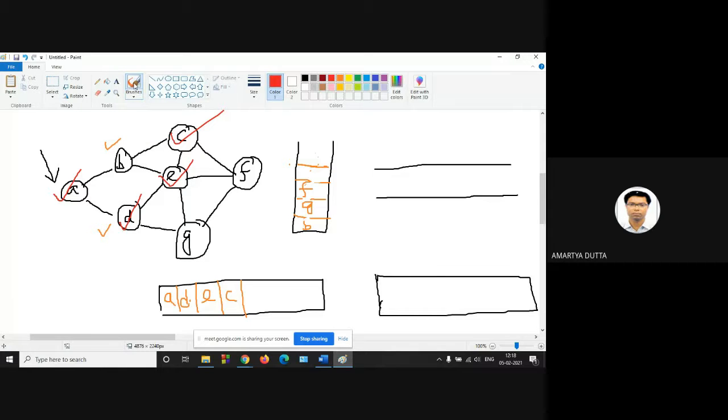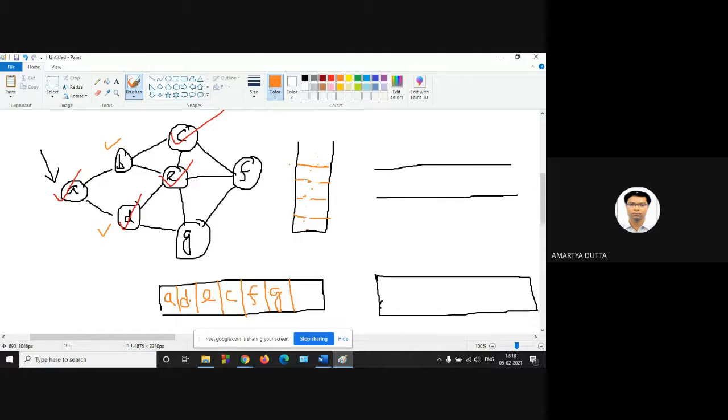And next, from C, we are getting F. So just omit this F and write down F here. Okay, so from F we are getting G. G is already in this, so ignore this and write down this G. Next, B is there in the stack.